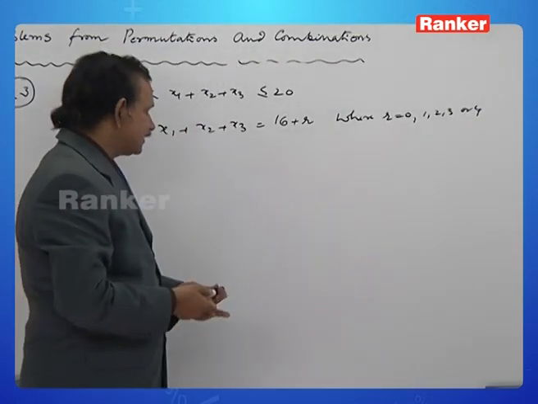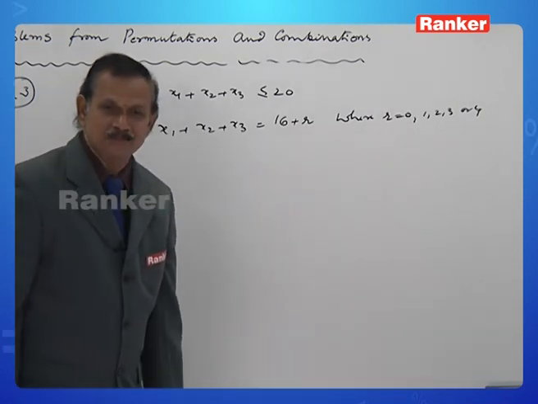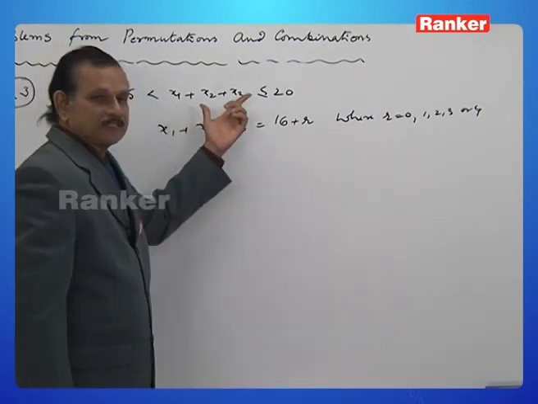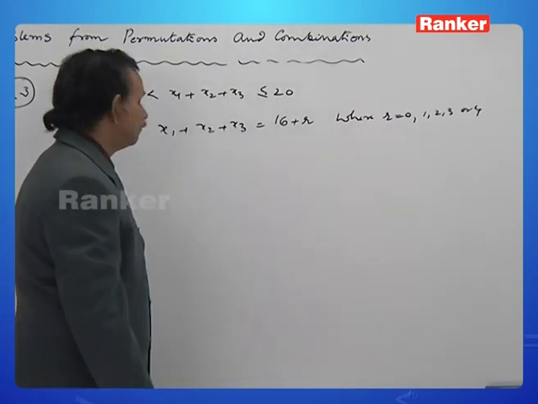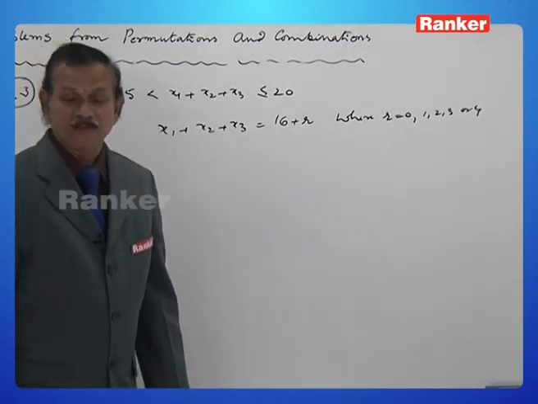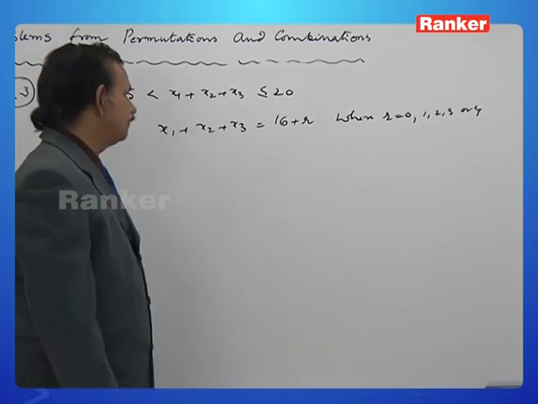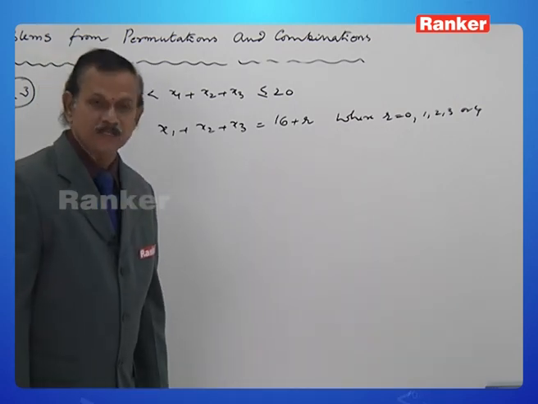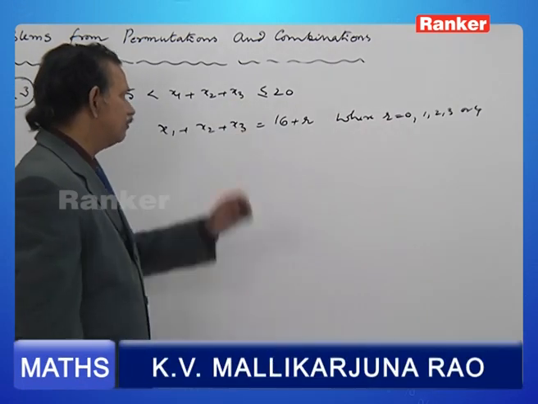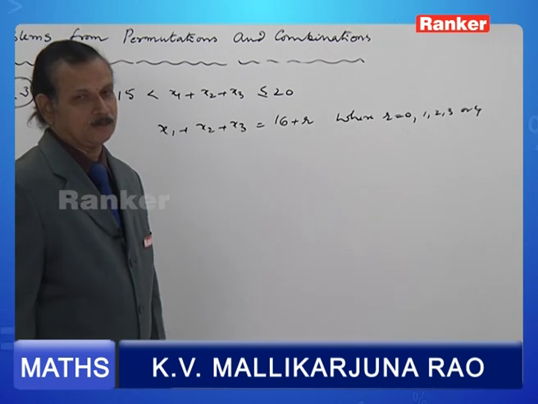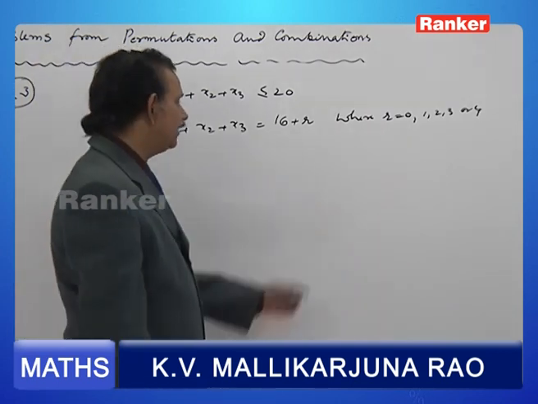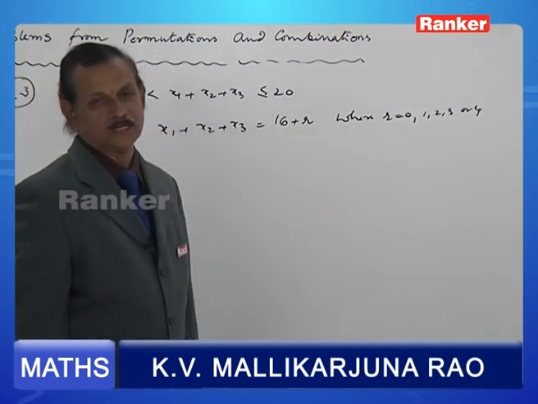Why is it necessary to write 16 plus? This expression x1 + x2 + x3 is surely greater than 15 and we want to have a positive integral solution. Therefore, the least value of x1 + x2 + x3 is 16 and of course the largest value will be 20. So to understand it, I have introduced another variable, say r.